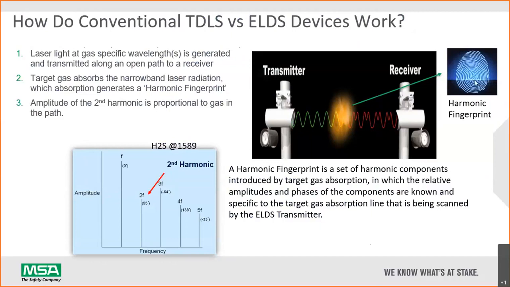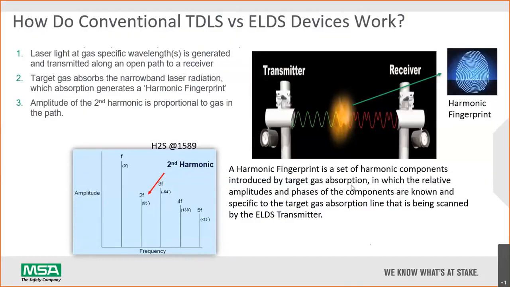And you can see the harmonic fingerprint because every molecule has its own unique harmonic fingerprint, the same way a human being has a unique fingerprint. Every human has a different fingerprint. The same way every molecule has a unique harmonic fingerprint, which is a set of harmonic components.